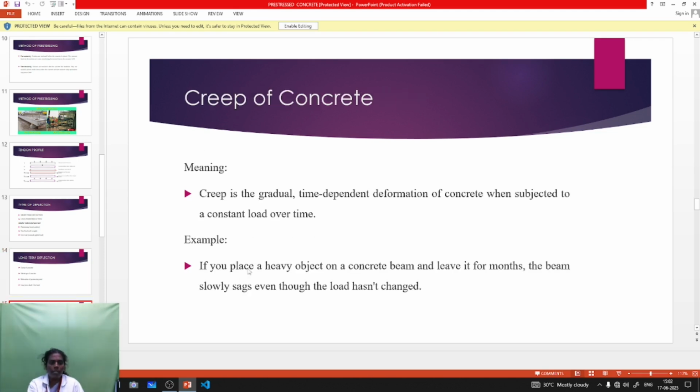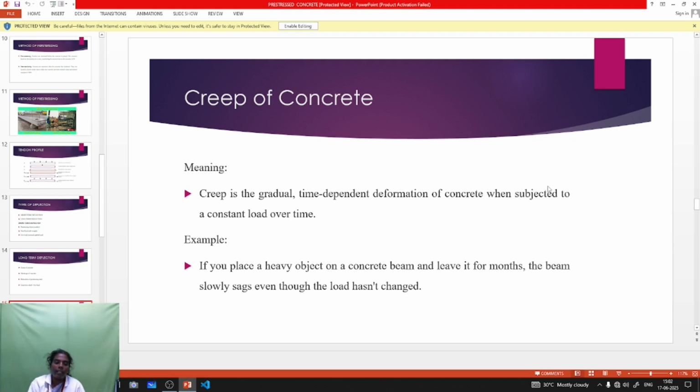So first one is creep of concrete. Creep means a constant load applied over time. Over time means a few months or some years. So creep is the gradual, time dependent deformation when subjected to constant load over time.